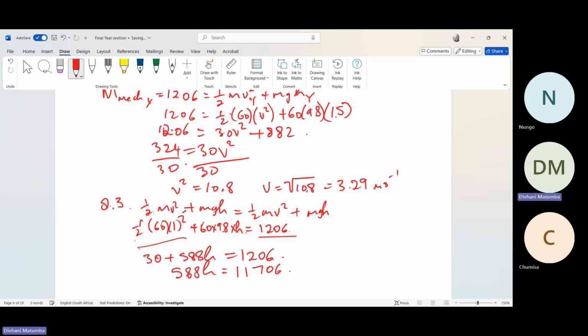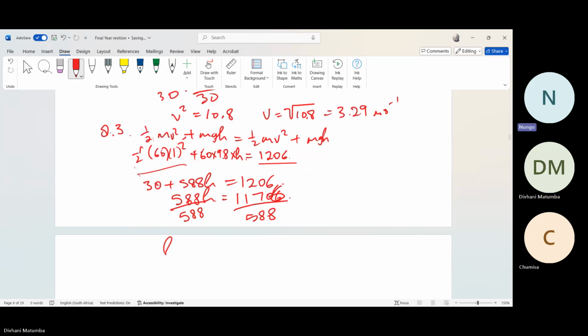Let me check. 1206 minus 30 is 1176. Yeah, you're right. And then we divide by 588. So your h, how much did you get? 2 meters. H equals 2 meters.